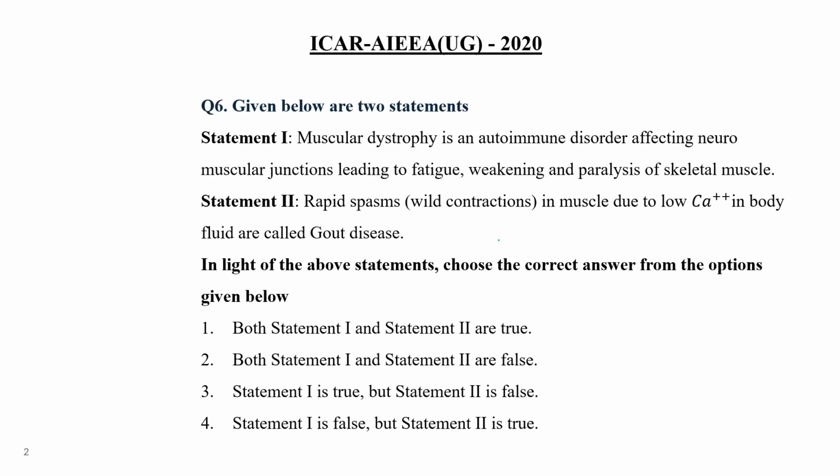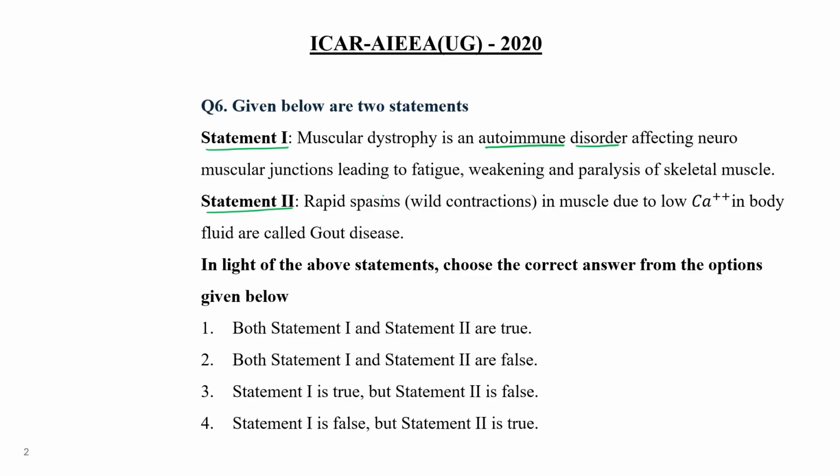Next question. They have given us 2 different statements, and we have to analyze which statement is correct: both correct, one correct, or both wrong. Okay, I'll read it out first. They have mentioned that muscular dystrophy is an autoimmune disease affecting the neuromuscular junction, leading to fatigue, weakening, and paralysis of skeletal muscle.